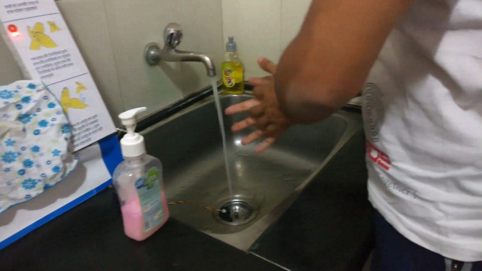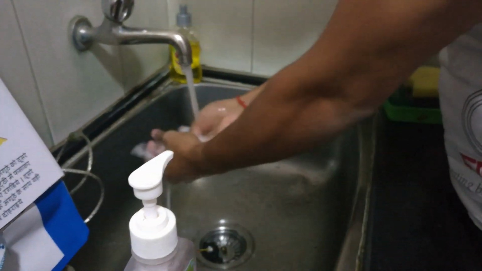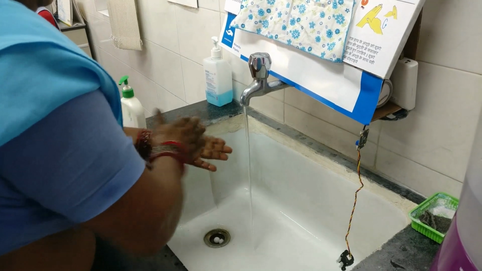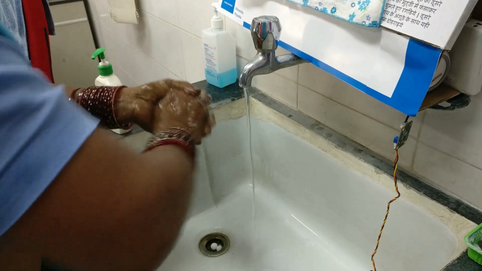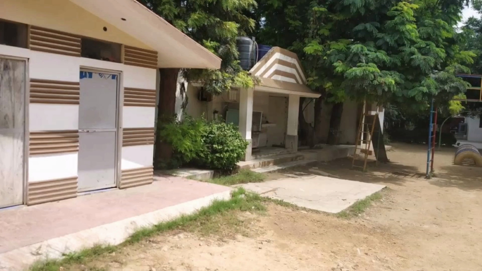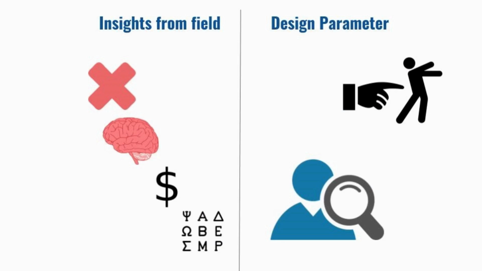Our major findings are that people didn't know what is wrong with their hand washing procedure, and concerned departments weren't aware if hand washing is being practiced. Another unconventional insight was that corrupt contractors were utilizing money meant for purchasing soap, and it wasn't possible for administrators to remotely validate the availability.